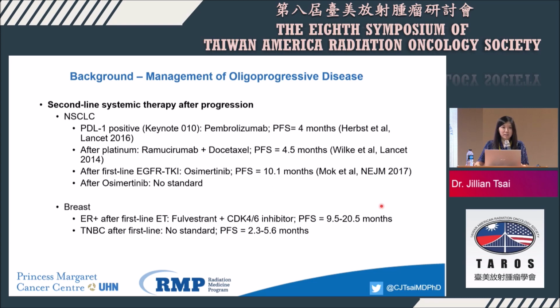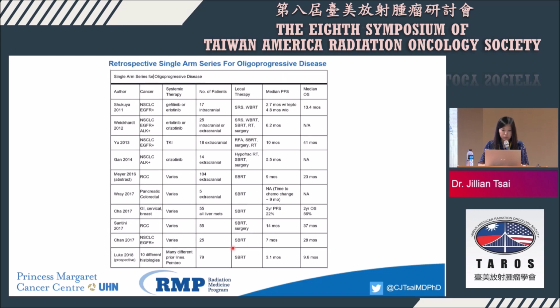After the second-line TKI, there's really no standard treatment for these patients. For breast cancer patients, especially triple-negative breast cancer patients, after their first-line chemotherapy, there's no standard of care, and the progression-free survival with subsequent drugs is actually very limited.